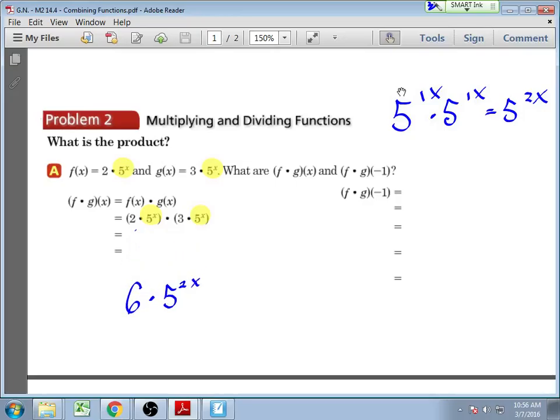If you need to write out why, we group and do the 2 times 3, we group and do the 5 to the x times 5 to the x. And that is how we get that. If you ever don't know what to do, make it simpler to something you do know how to do and compare that with what you don't know how to do.